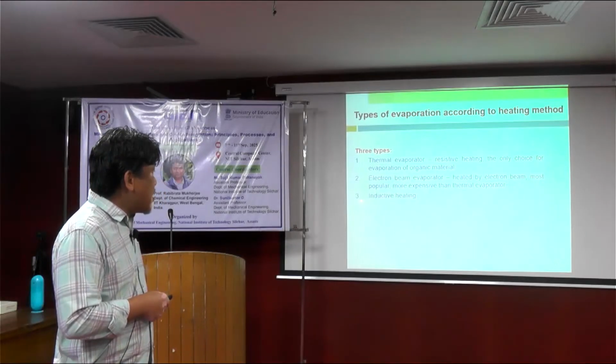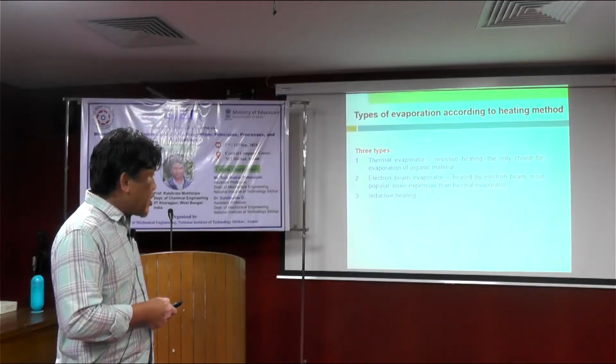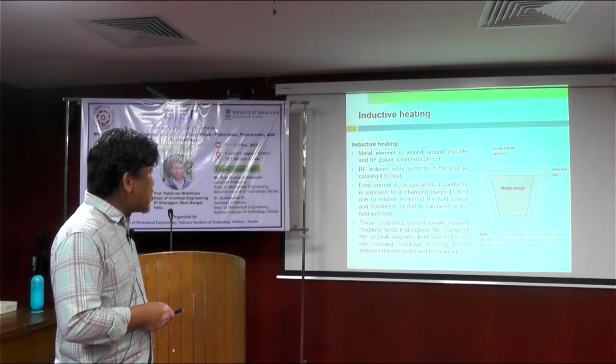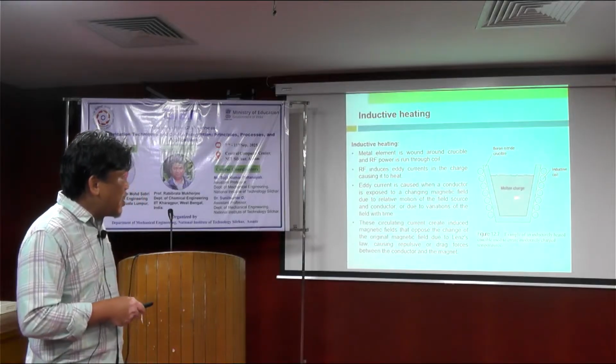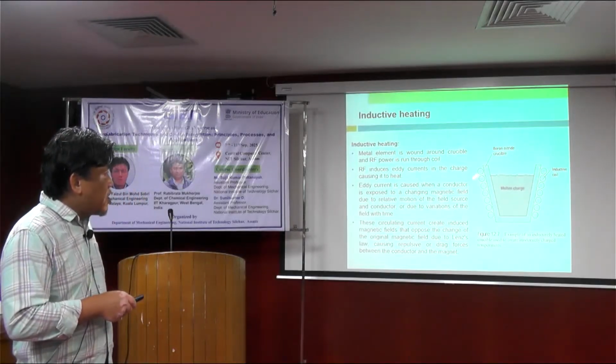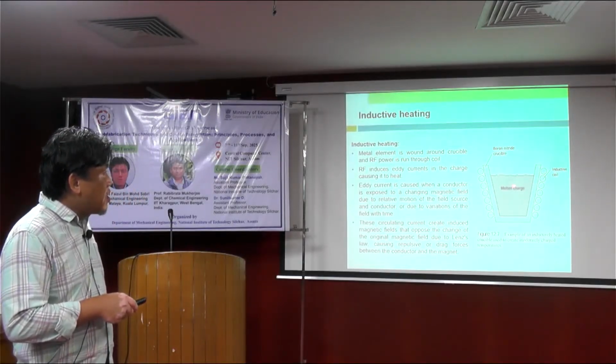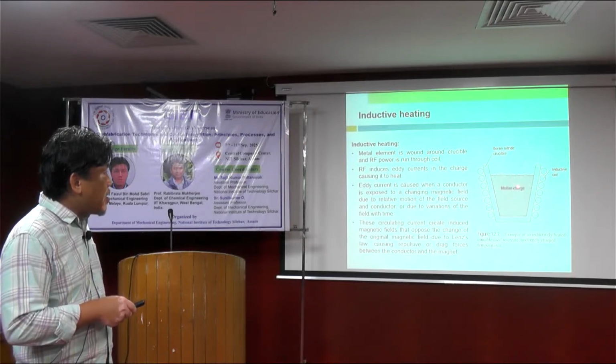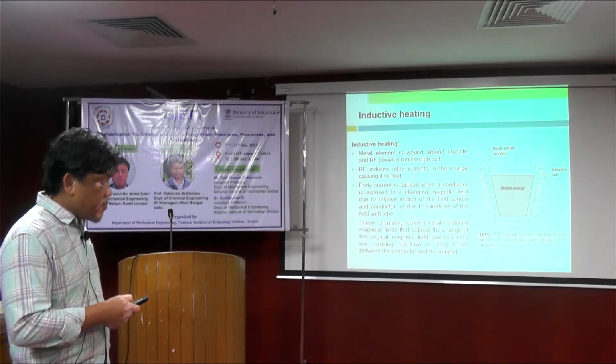Then we have inductive heating, which is not that widely used maybe. For inductive heating, we have an inductive coil in this crucible. Then it will heat up this material until it melts and evaporates. Then you can have a deposition, as I mentioned before.